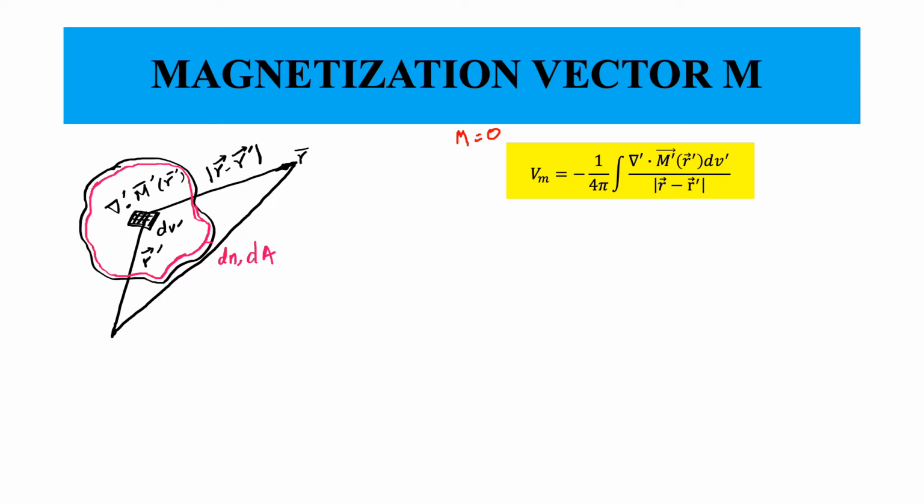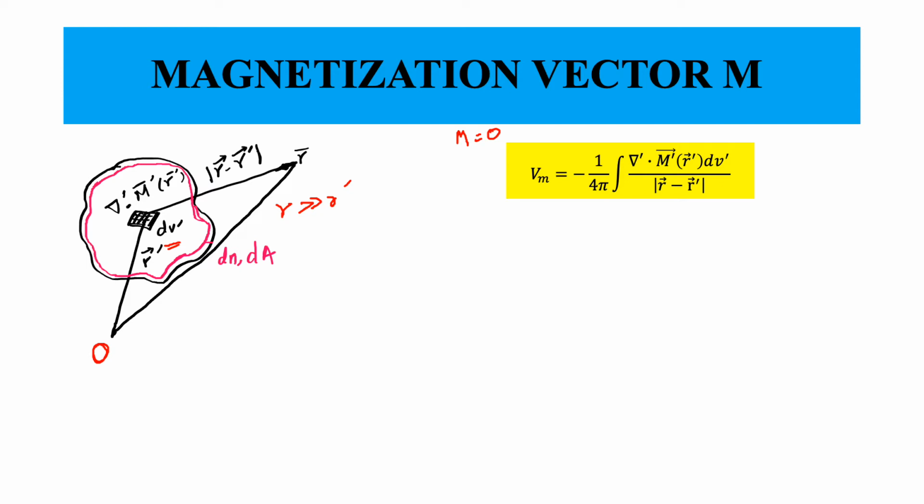If you consider any volume element dv prime, and you are looking at the magnetic field at point r, with all these measurements taken with respect to the origin, this is the r vector, this is the r prime vector, this is r minus r prime. So you are looking at a very far away distance from the magnetic material, considering r to be very large compared to r prime.